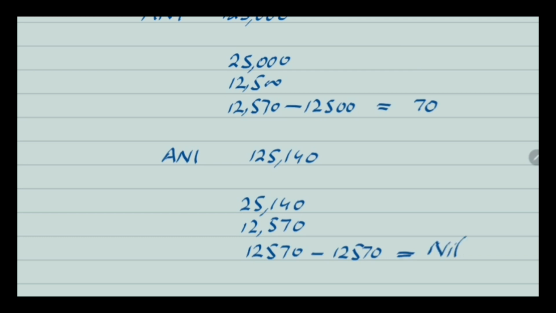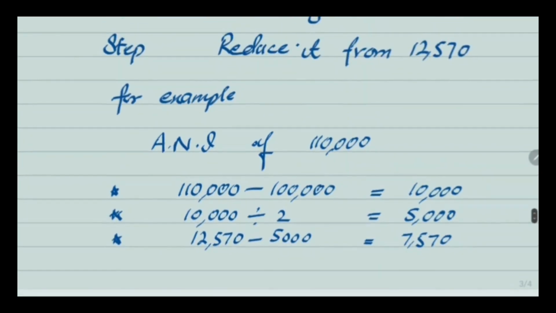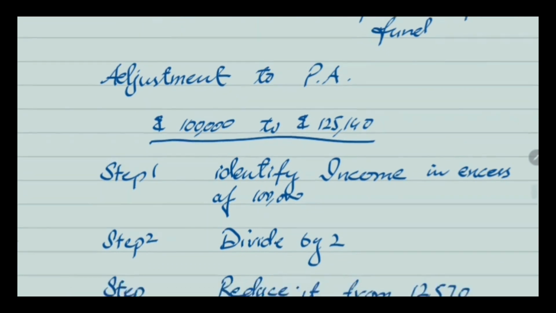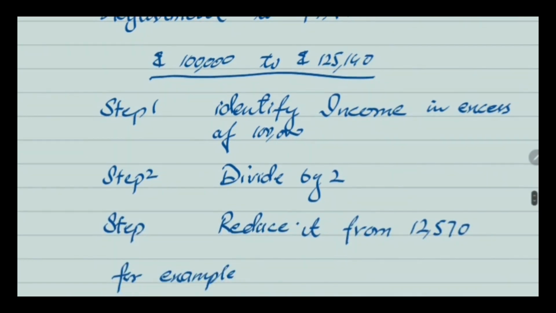So that is why it is said that if your adjusted net income is in between 1 lakh and 1,25,140, it needs to be adjusted. But if your adjusted net income reaches the level of 1,25,140, there is no personal allowance available to that particular individual.